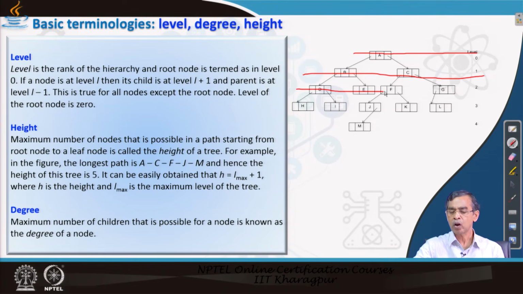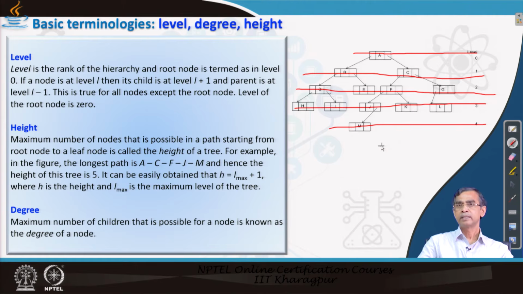So, these are all the nodes in the second level, the third level, and these are the nodes in the fourth level. You see that every node is at a particular level in a binary tree, and the leveling starts from 0 to any value. 0 indicates the nodes at the root level.